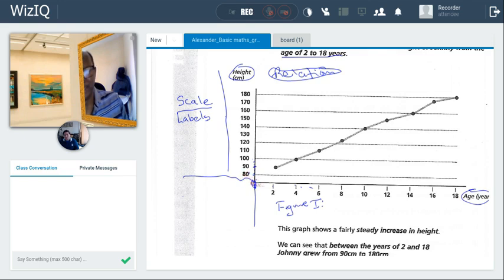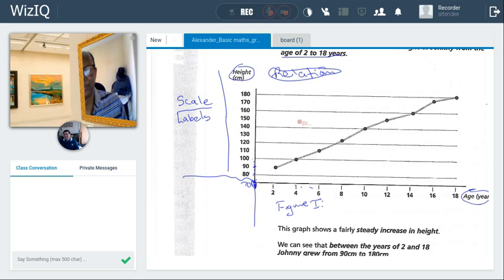It's starting from 80, and this is 70. So it doesn't necessarily need to start from 0. So what you can see is that from age 2 up to age 18, the height has increased from 90 to 180.